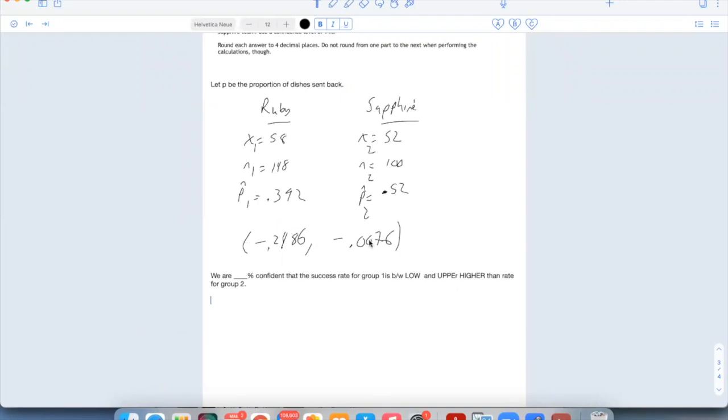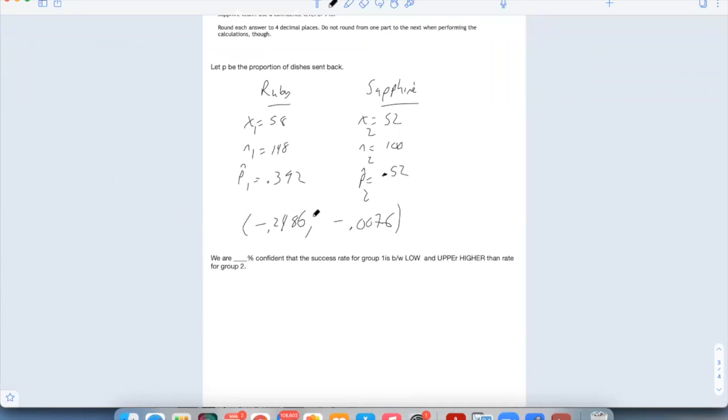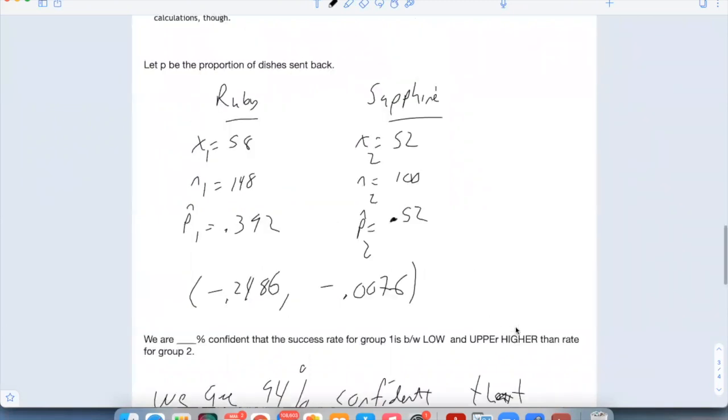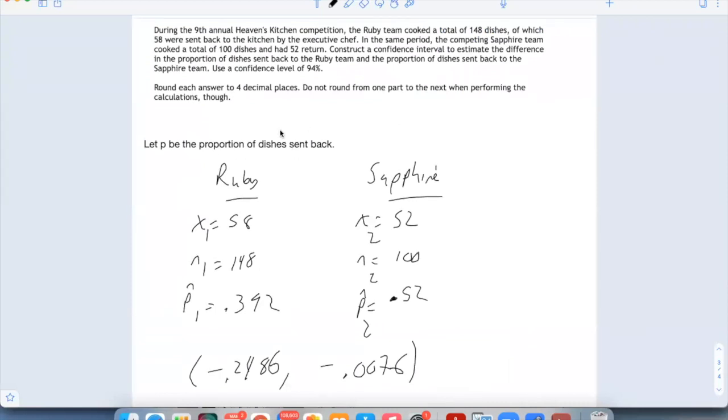Since both of our numbers are negative, we're going to have to start thinking about what this means. So we'll say here we are 94, that was my confidence level, percent confident that, what was success?